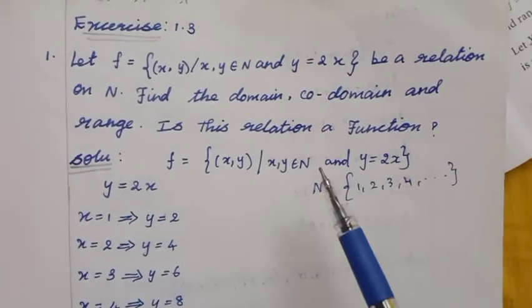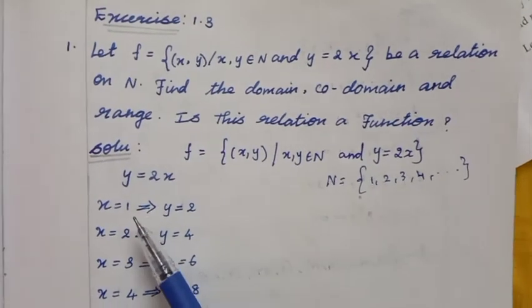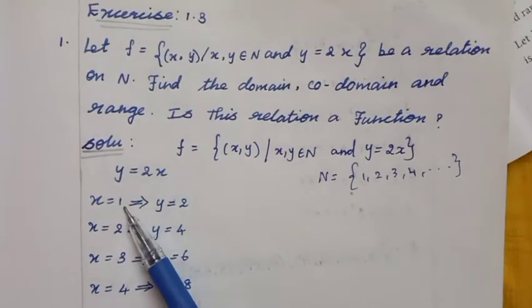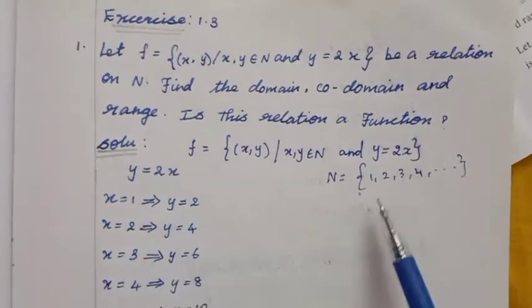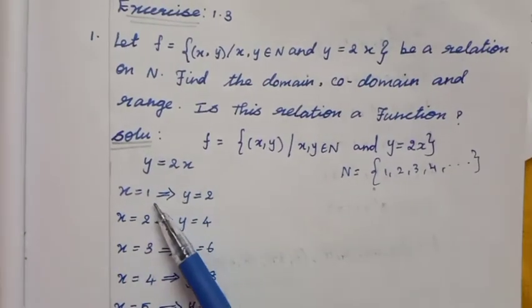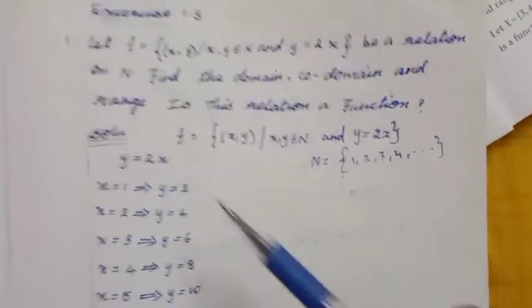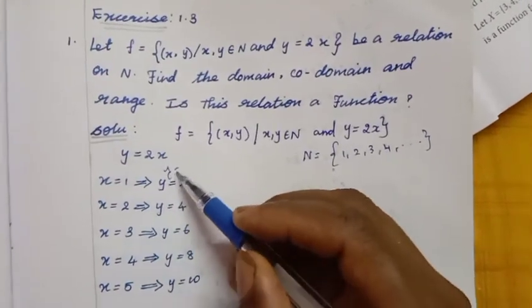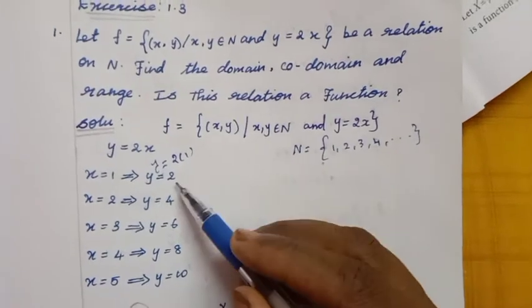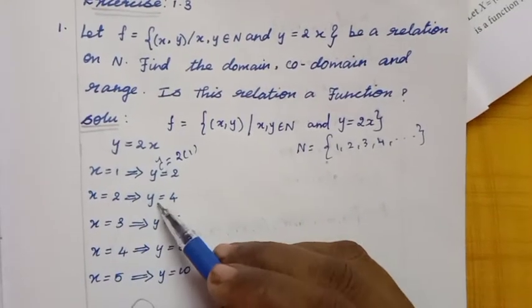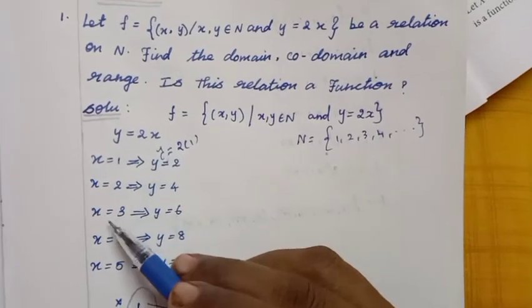Both x and y belong to natural numbers. Consider x equal to 1. Why start from 1? Natural numbers start from 1. So x equals 1, substitute here: y equals 2 into 1, that is equal to 2. For x equals 2, y equals 2 into 2, 4.